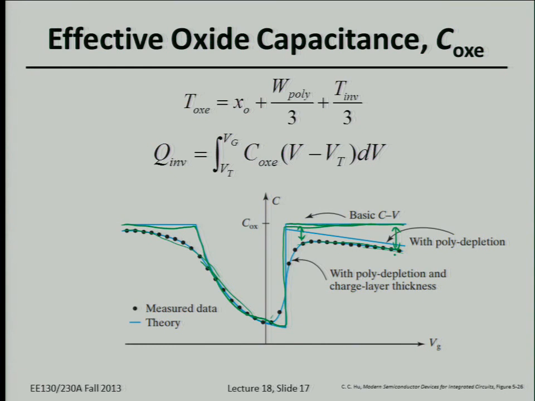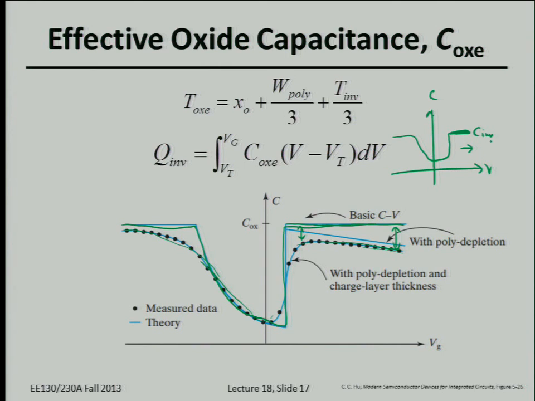Actually, let's just think about it. If we plot CV and it looks like this, how will the inversion layer thickness change as you go further and further above the threshold voltage?